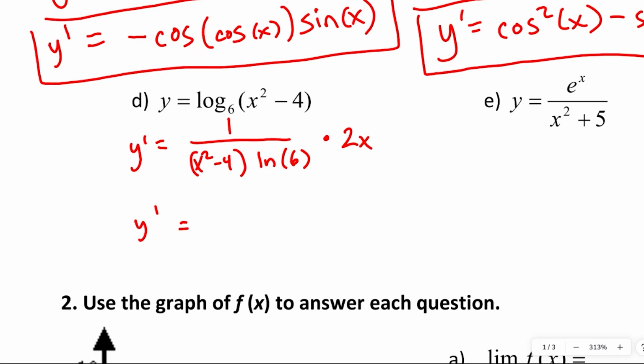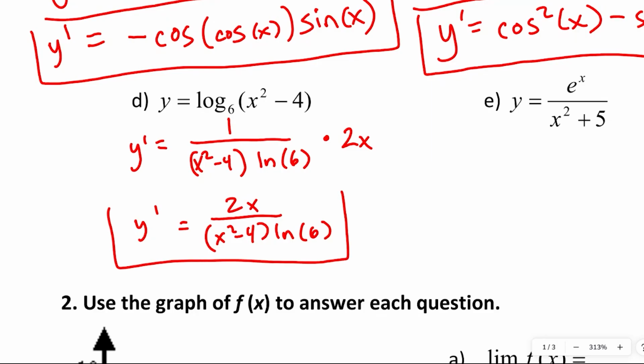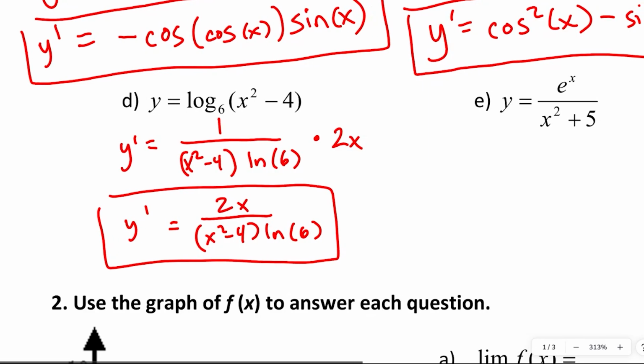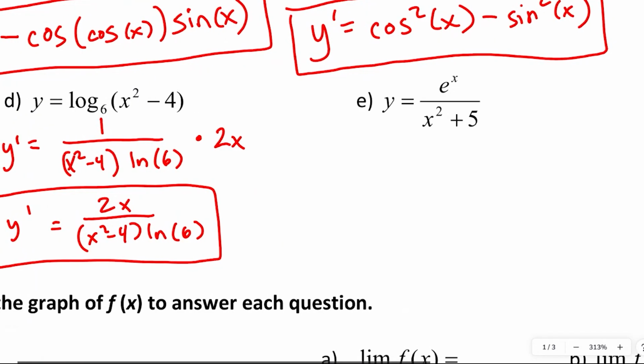So y prime is going to be 2x over x squared minus 4 times the natural log of 6. Letter E.